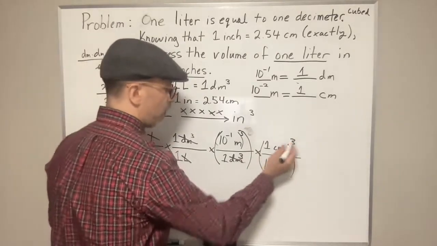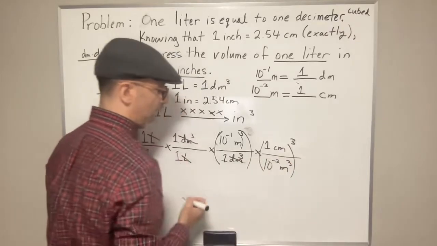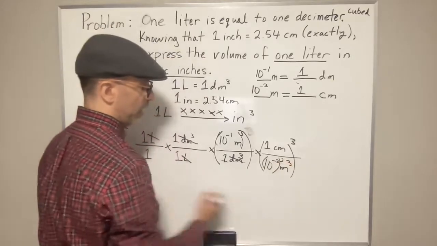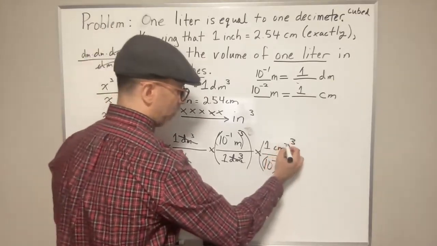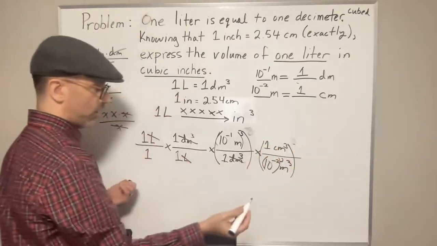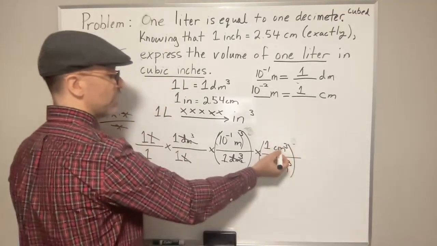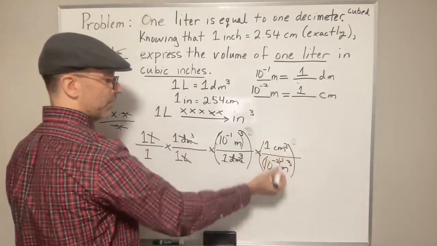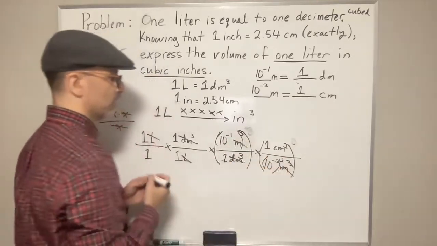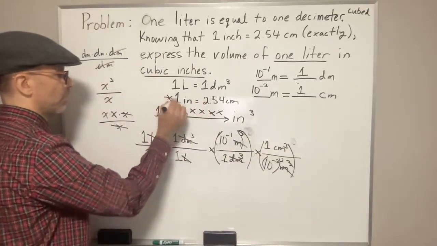Both of these are cubed, so I'm cubing the bottom and the top. 1 cubed is 1, so that doesn't do anything. Now I have centimeters cubed on the top, meters cubed cancels out with meters cubed, and now I have centimeters cubed. Now I can use that one.